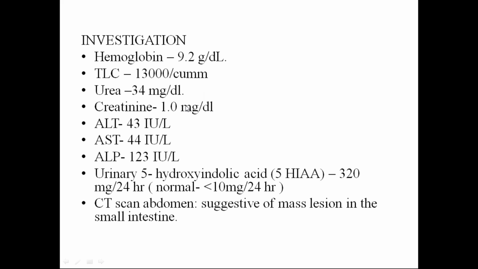ALT, AST, ALP, which come under liver function tests, are all normal. Further investigation, urinary 5-hydroxy indoleacetic acid was done, and the value came out as 320 milligram per 24 hours.